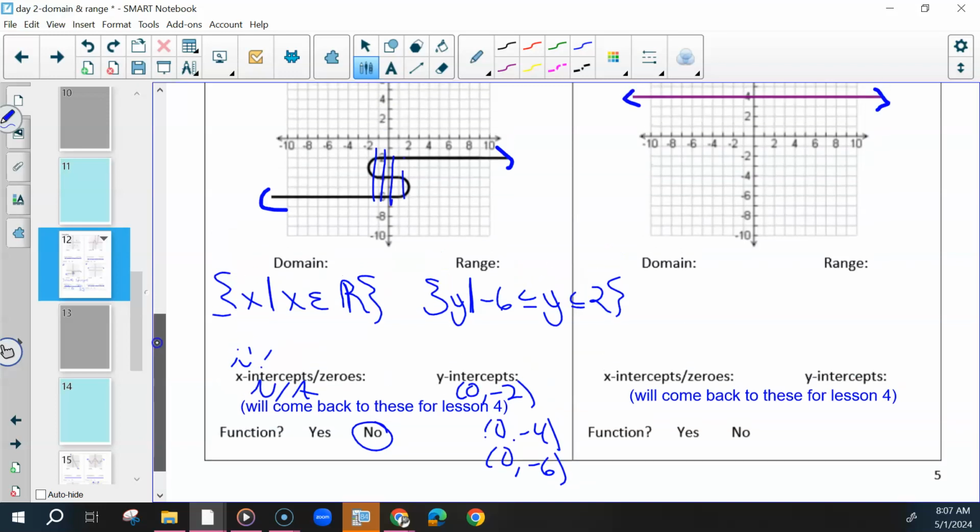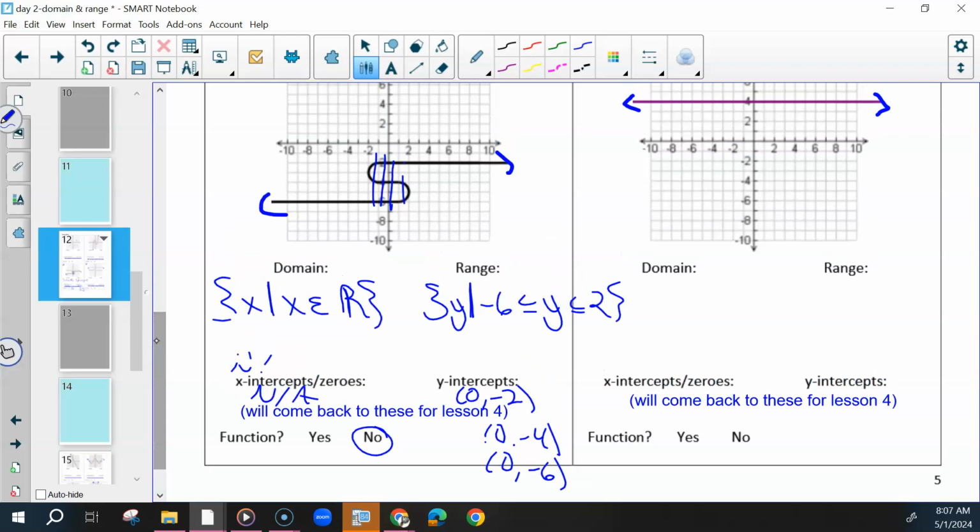What would the domain of this next one be? Okay, so you're all real numbers. What about your range?